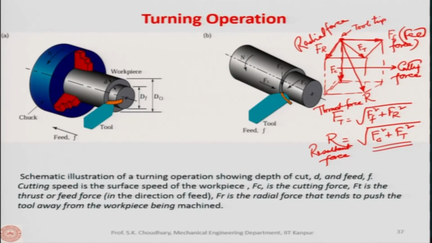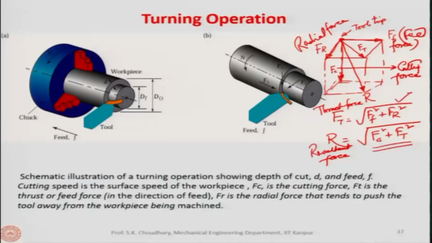Now, when we actually measure the cutting forces on the machine tool, I will discuss it a little bit with the help of the dynamometer. The measurement is made with a dynamometer, and that dynamometer can measure the forces in turning, drilling, milling, and grinding.